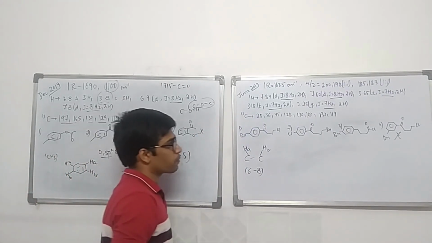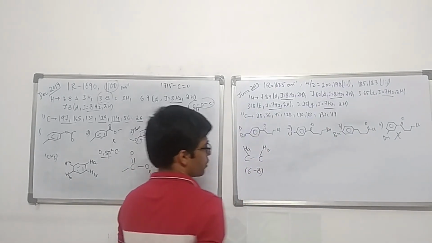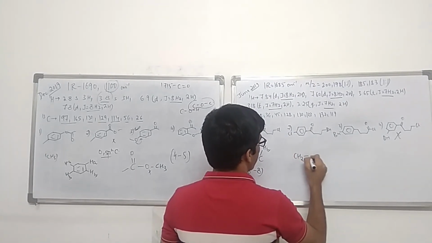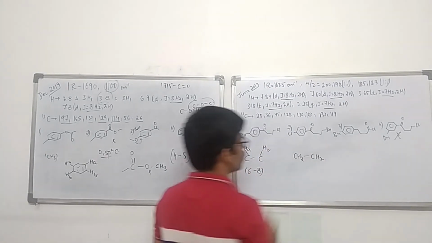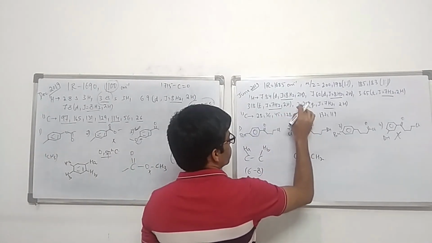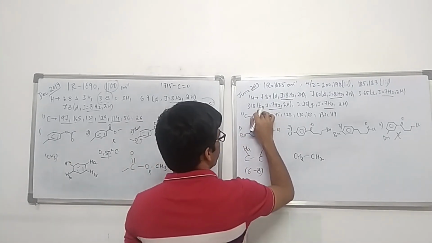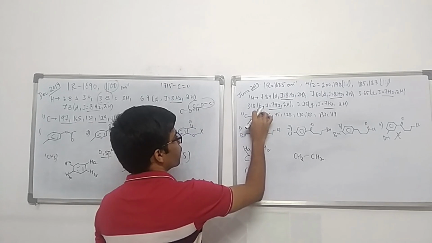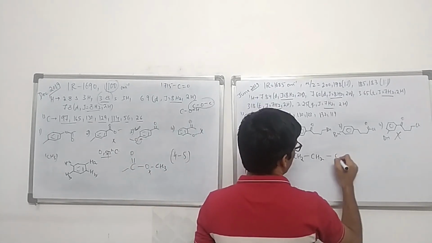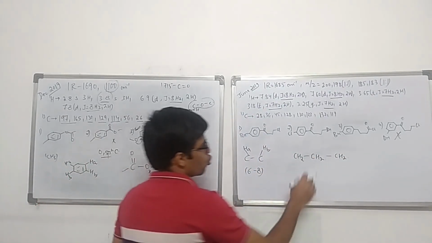Now there is a triplet at 3.65 of 2 hydrogens. So let's say I have CH2 and the neighboring group should also have CH2, because of which it will be a triplet. Now there is a triplet at 3.18 of 2 hydrogens. That means there has to be another CH2 group, and this is 2.25.